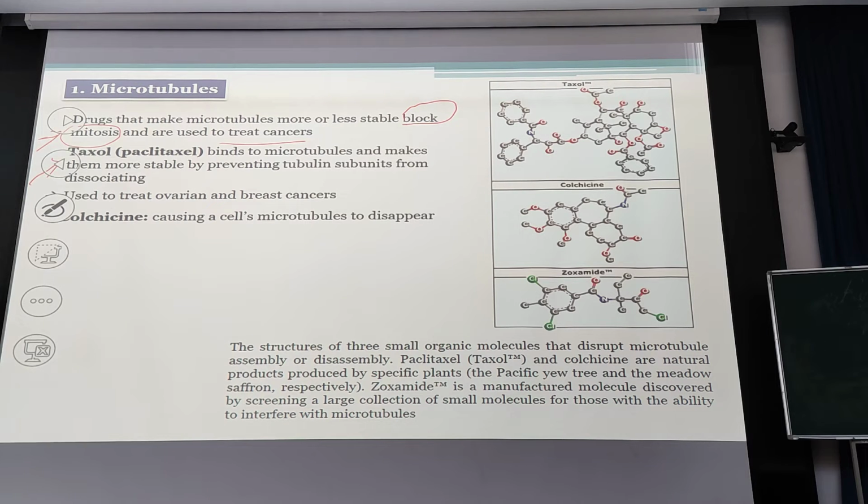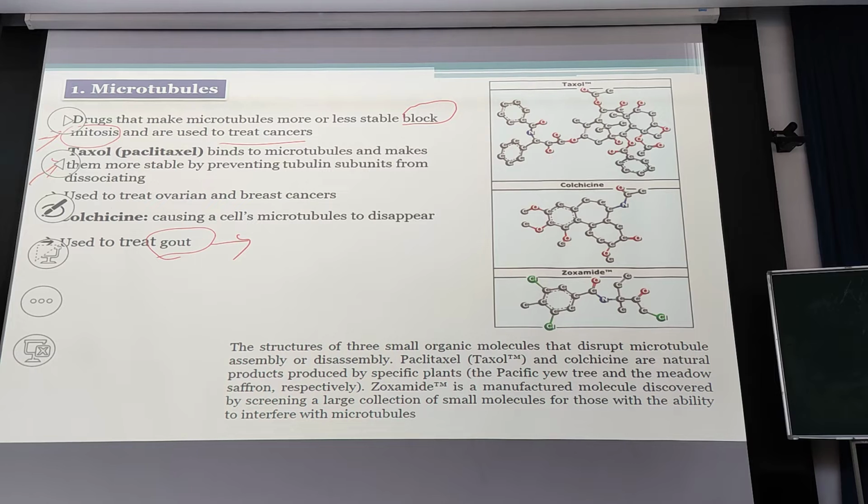The second type of drug is colchicine. Colchicine causes the cell's microtubules to disappear, and we can use it to treat gout. This disease is caused by inflammation, where your immune system causes an over-inflammation.